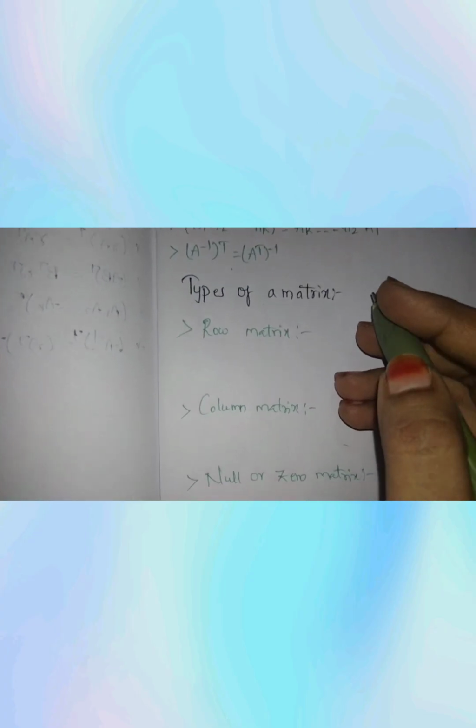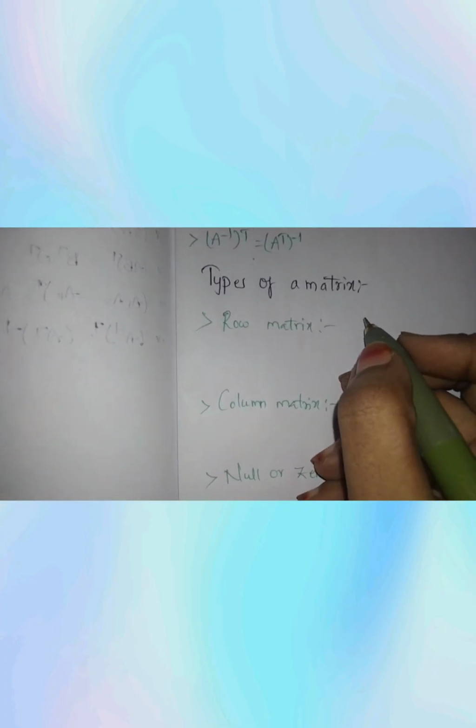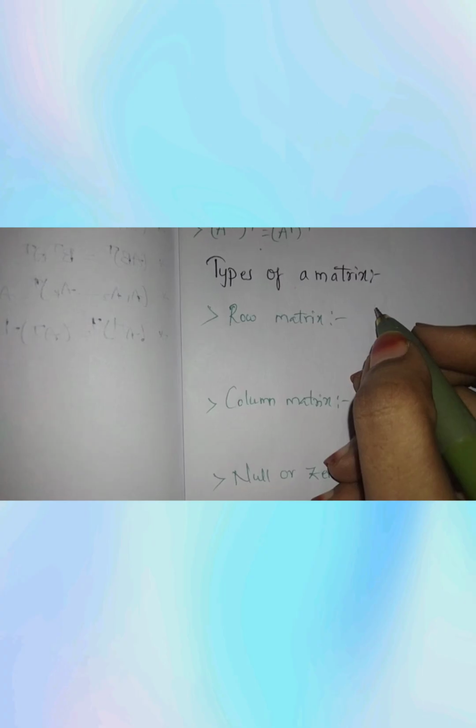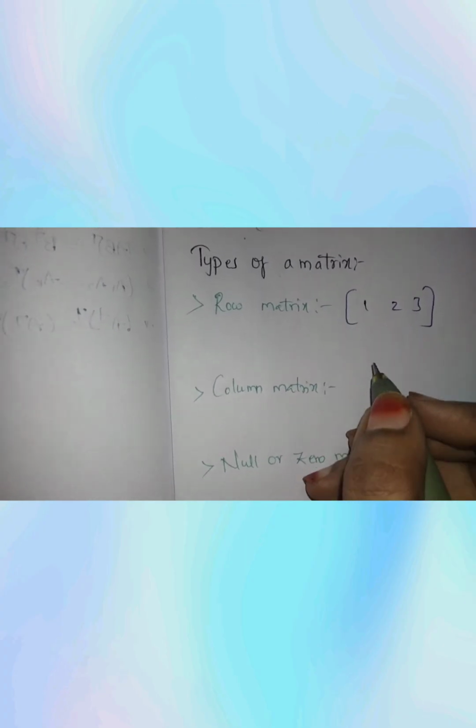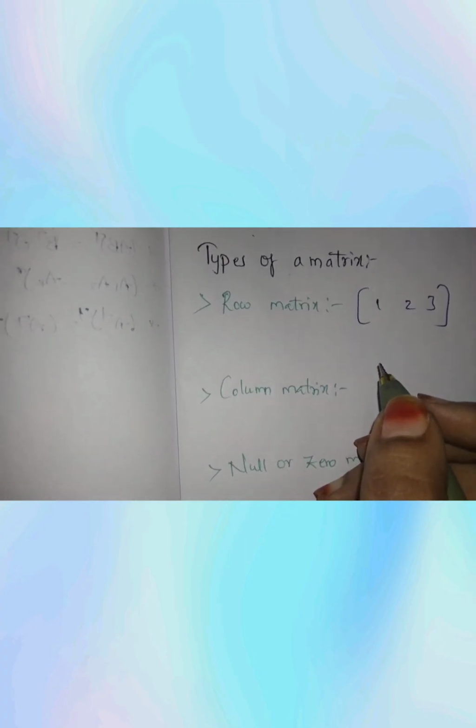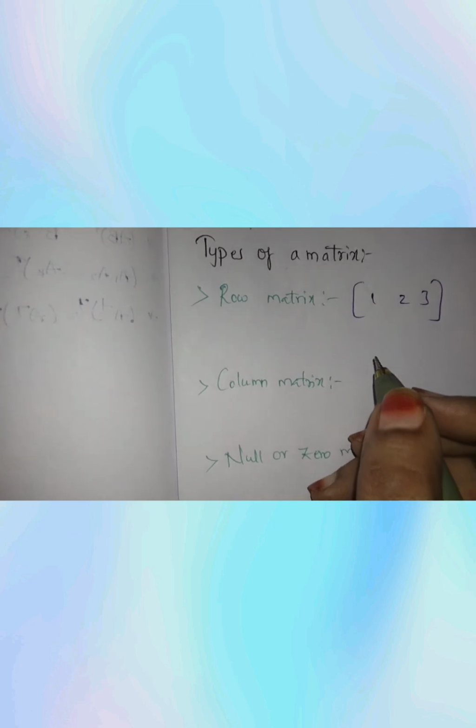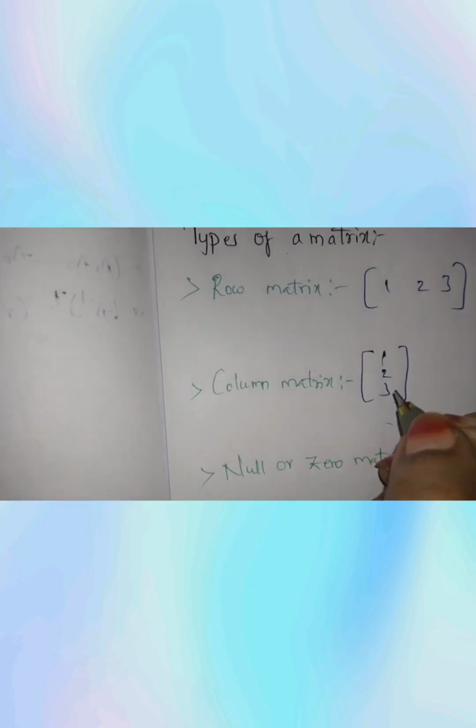What is a row matrix? A row matrix is a matrix in which we have only one row, like this. This is a row matrix. Next, column matrix. A column matrix would have only one column, right?